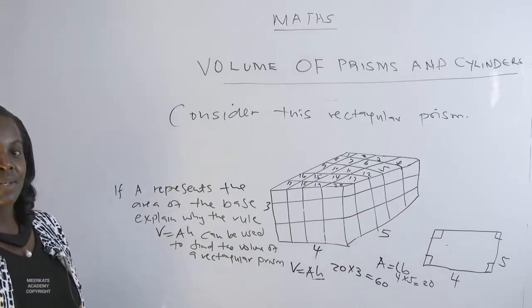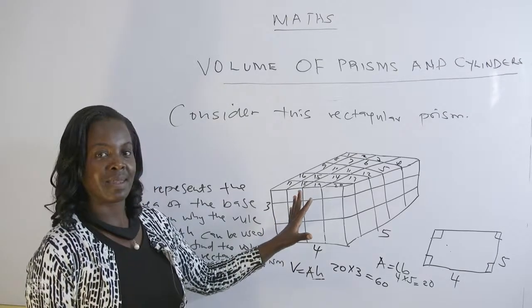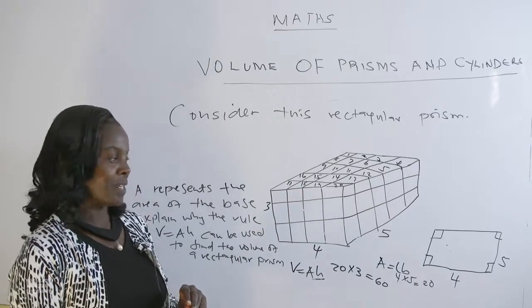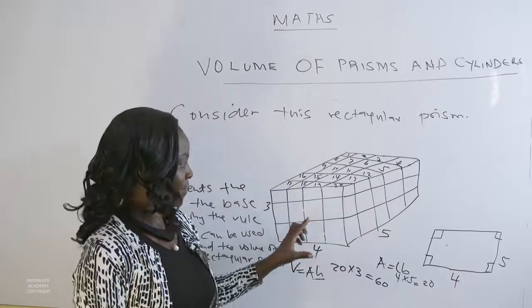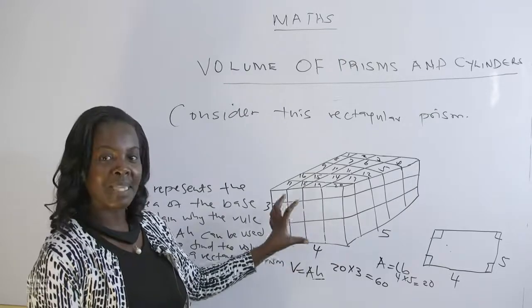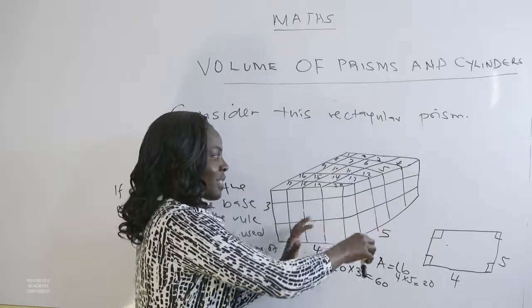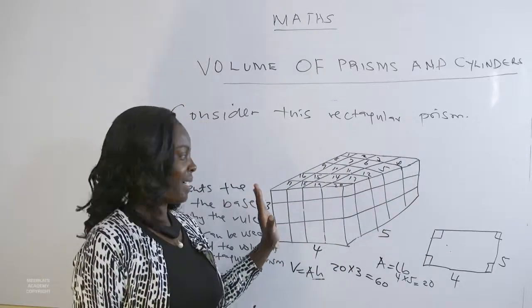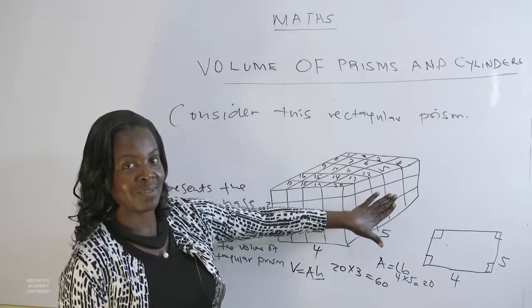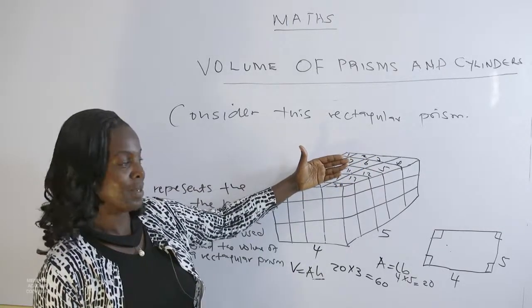For a rectangular prism, you realize that we can use 3 different faces to form the base. For example, this face that is measuring 3 by 4 can be the base, because if we cut through at the middle, it will still have a uniform cross-section. This other side can also give us the base, because if you cut at the middle of this side, we'll have a uniform cross-section.